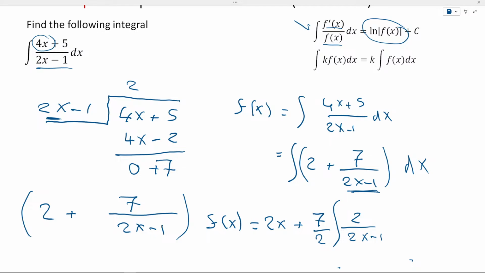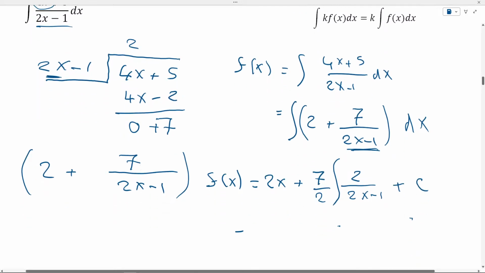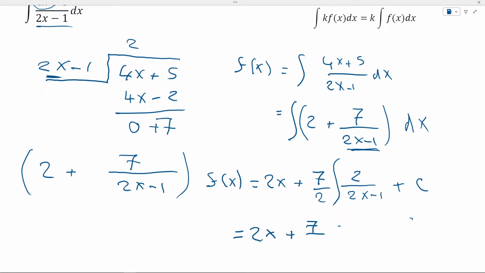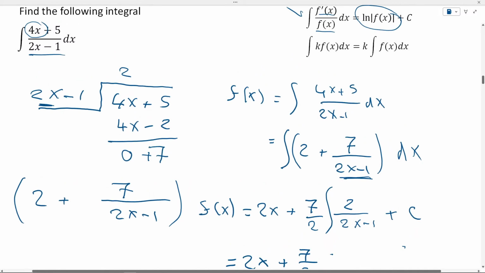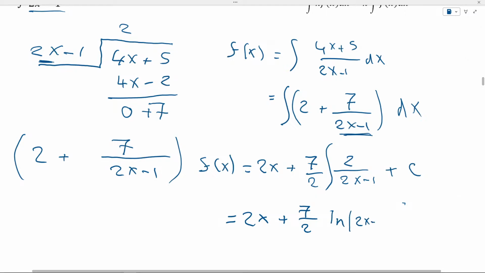And that would be equal to what? And here this is plus a constant. So that would be equal to what? So now my function would be 2x plus 7 over 2. When you have a function over its derivative, that is equal to ln of 2x minus 1, yeah, plus c. Okay.